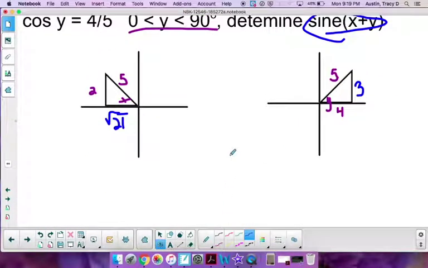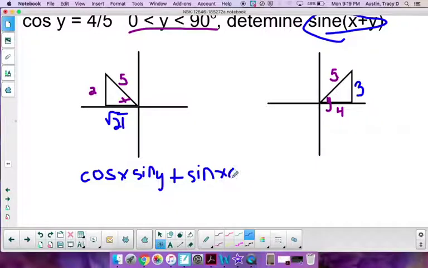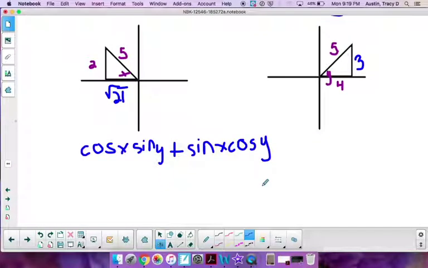Okay, so our sine addition formula is, all right, so let's see, cos x sine y plus sine x cosine y. Again, you're going to have the formula sheet. Don't stress. So you'll have all those formulas. All you're doing at this point is just plugging everything in fraction form.